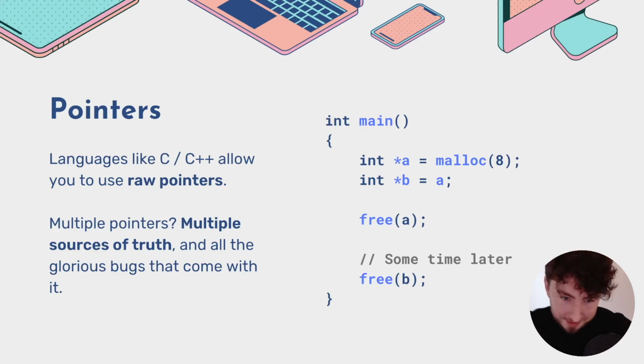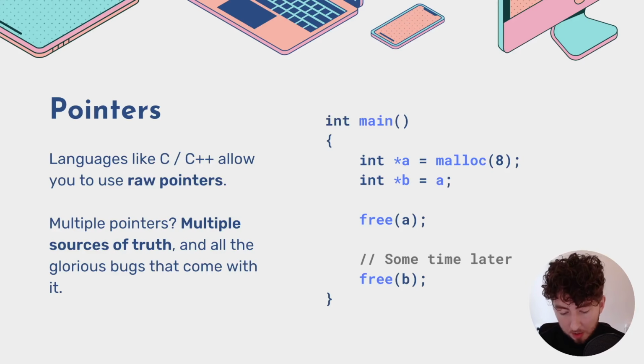So pointers are a wonderful way to create these types of bugs, and I'm not going to go all the way down the rabbit hole on this because there are some fantastic talks, lectures, and articles about all the ways you can screw yourself over with pointers.